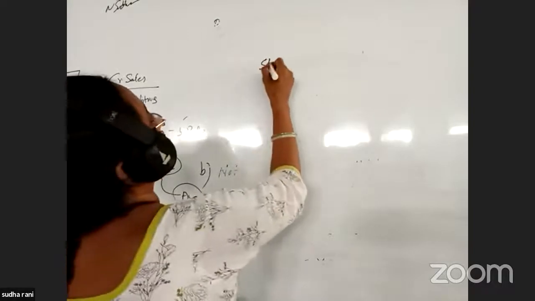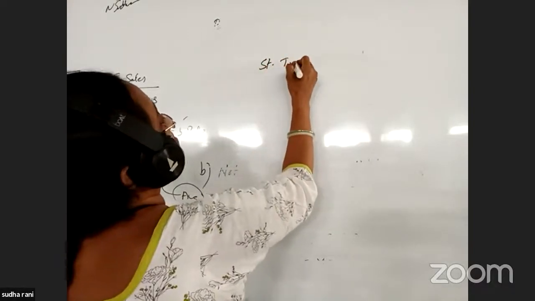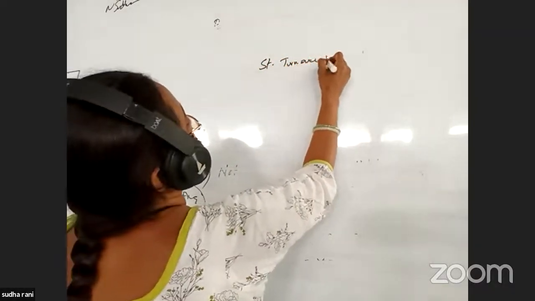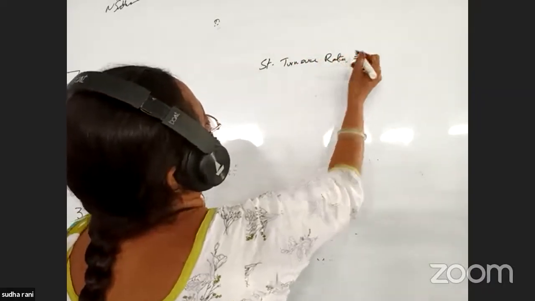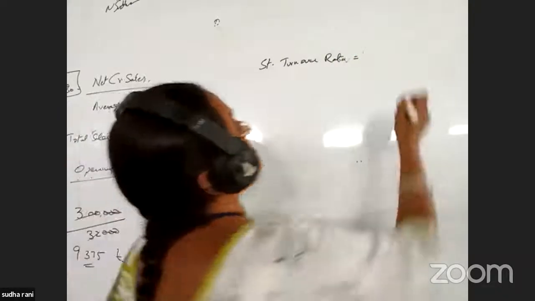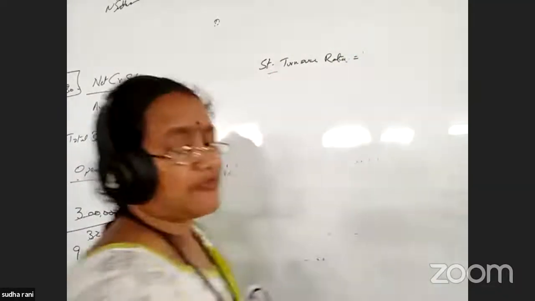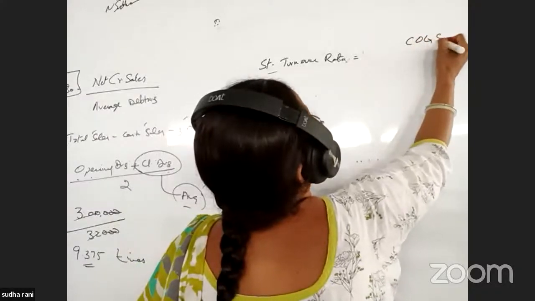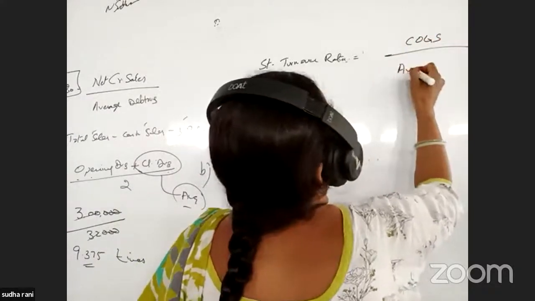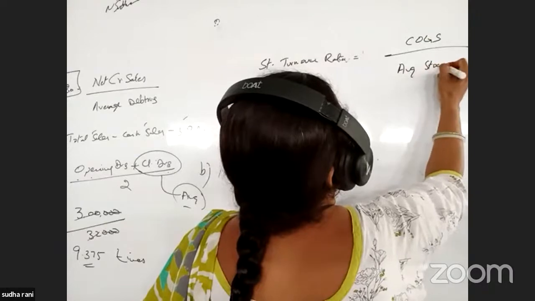The new name is inventory turnover ratio. So how do we get the same? Stock turnover on the basis of cost of goods sold. We usually do cost of goods sold divided by average stock or inventory.